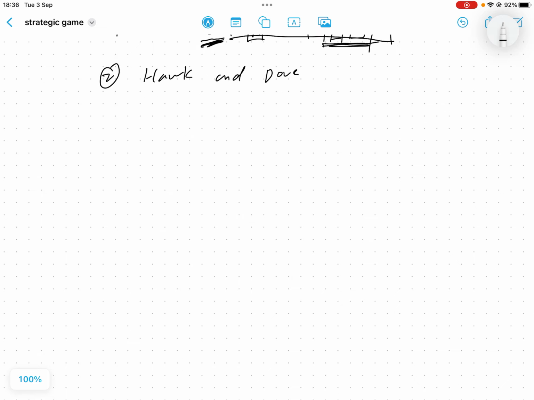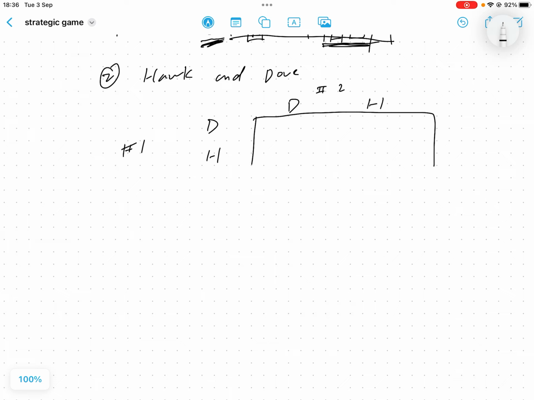Let's say there are two players that could be either aggressive, so-called hawk, or not aggressive, so-called dove. So there are two kinds of moves. Player 1 could be dove or hawk. The same for player 2, could play either dove or hawk.